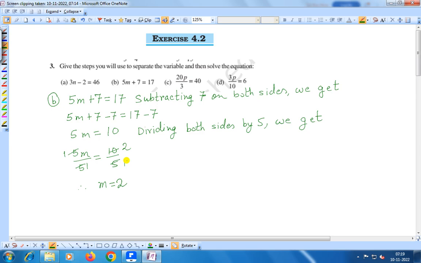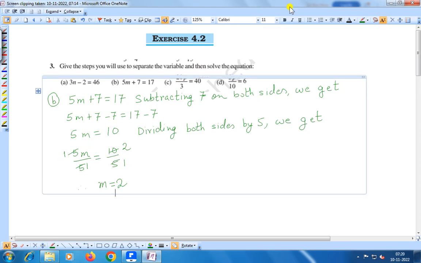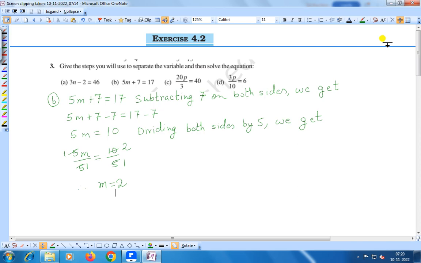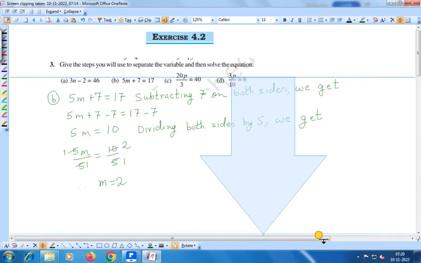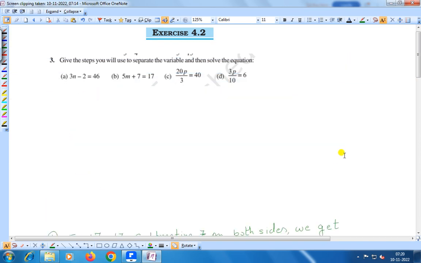Now question number C. Question number C is 20p by 3 is equal to 40.